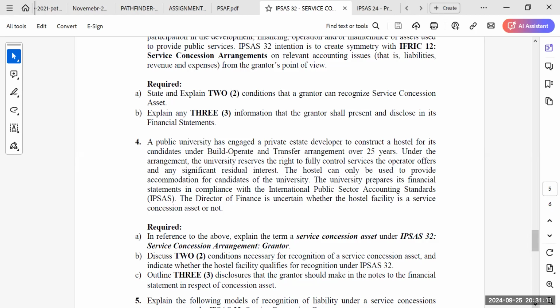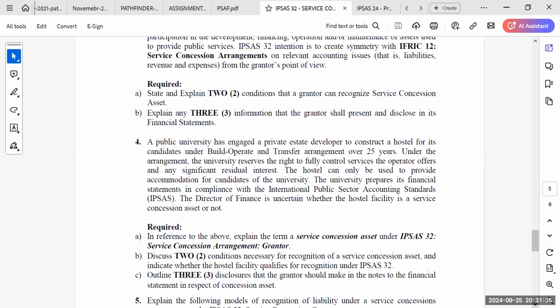Then we also have any service concession asset recognized during the reporting period, or any existing asset of the grantor reclassified as a service concession asset during the year. You can also have the extent and nature of the specified assets classified. You can just pick 3 or 4 of them. At least it should be 4.